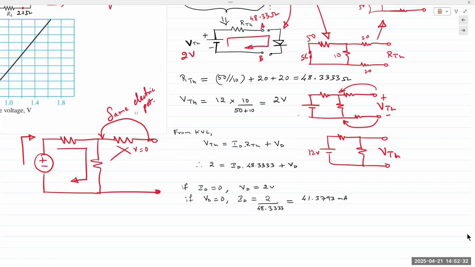So we replace ID and VD with 0 in turn and determine VD and ID. So if ID is 0, VD is 2 volts. If VD is 0, ID is 47.38 milliamps. Now we have 2 points that describe the linear portion of that circuit.